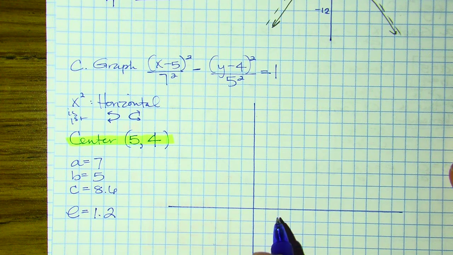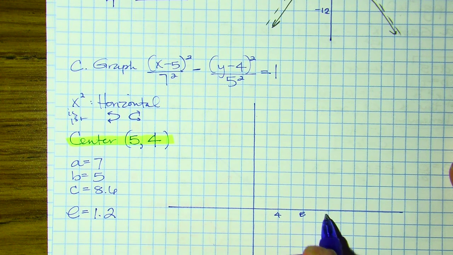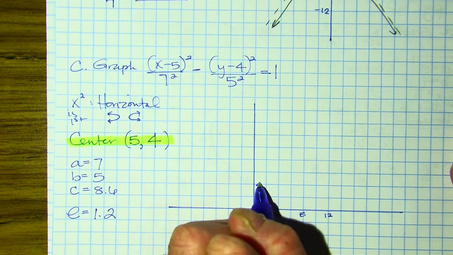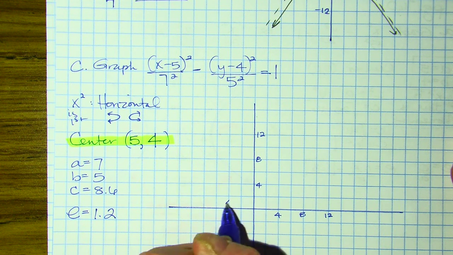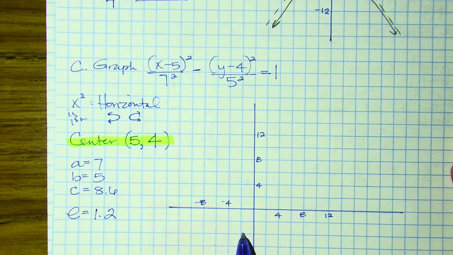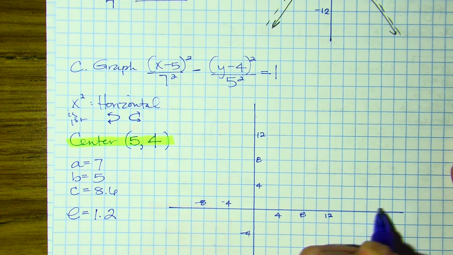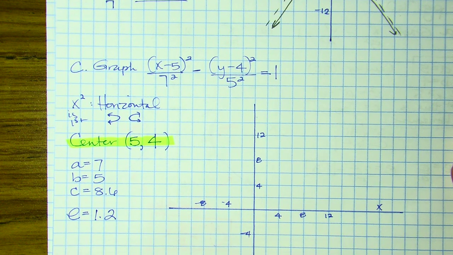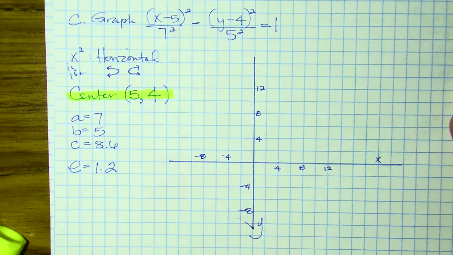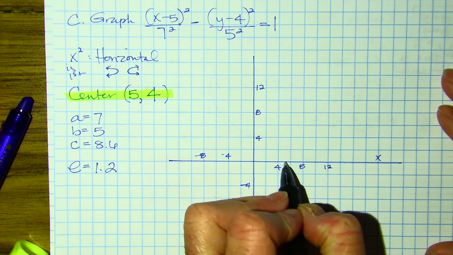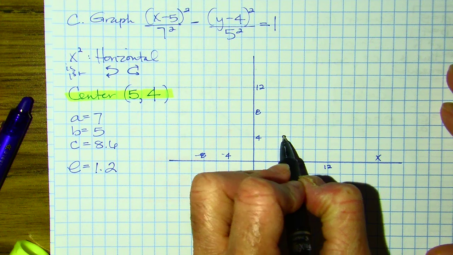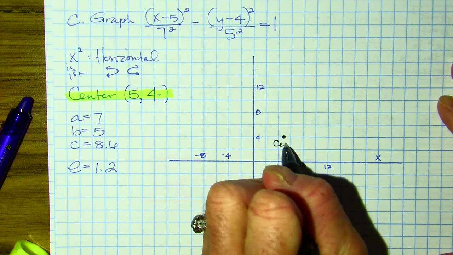Again, I'm going to change my scale because these are larger numbers. So here's x, here's y. All right, so my center is to the right 5, up 4. So there is my center.